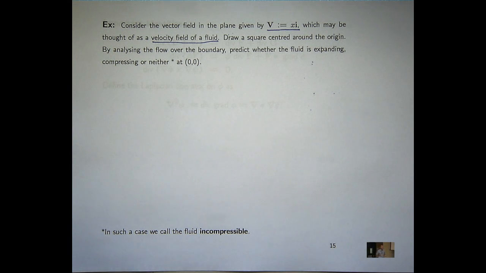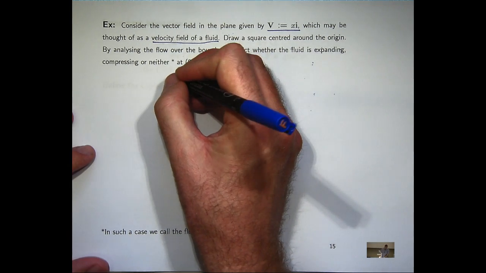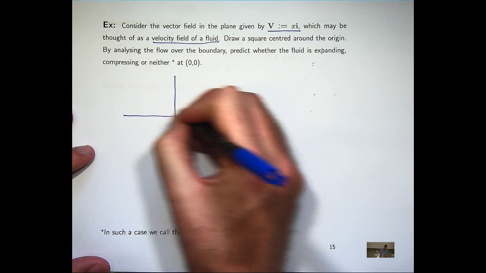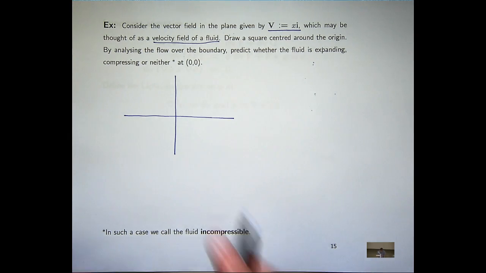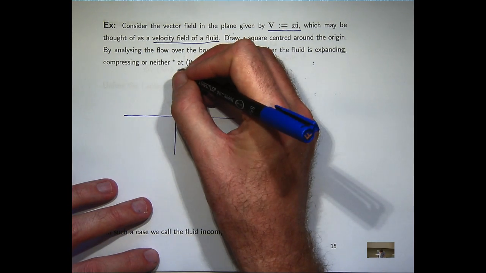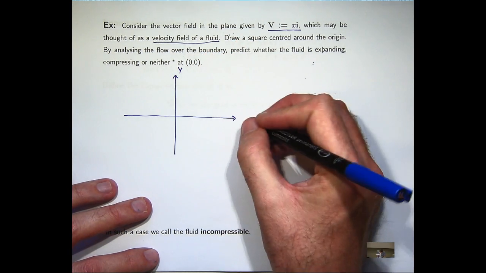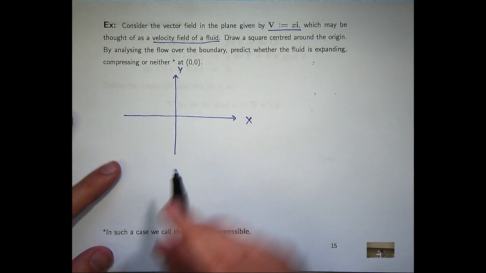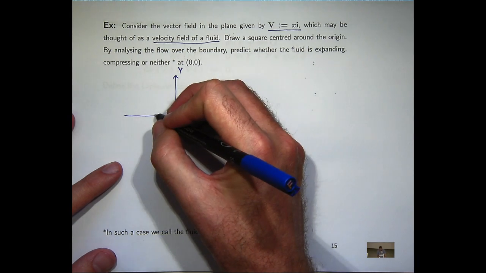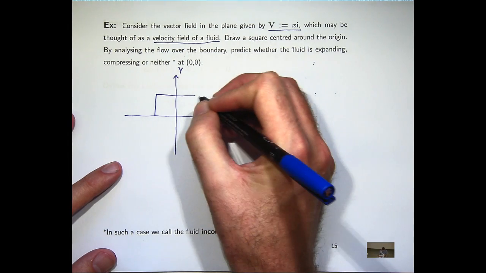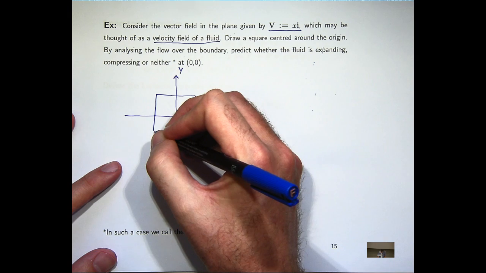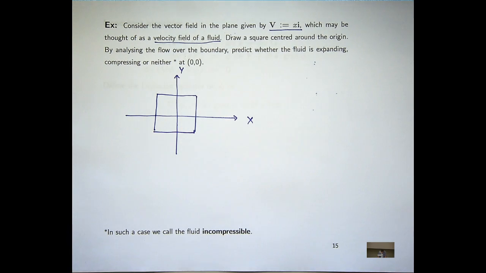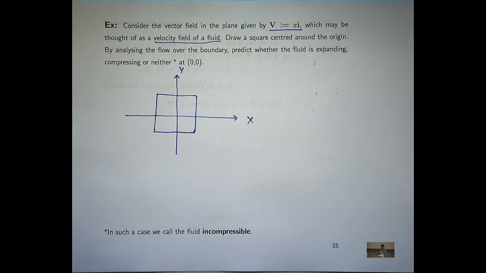But let's actually put a nice picture together and confirm the positivity of the divergence from our graph. So let's draw in our rectangle, and let's draw in some of the vectors associated with our vector field.